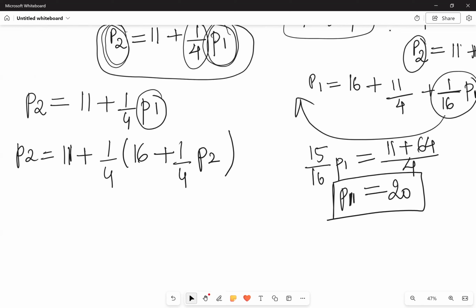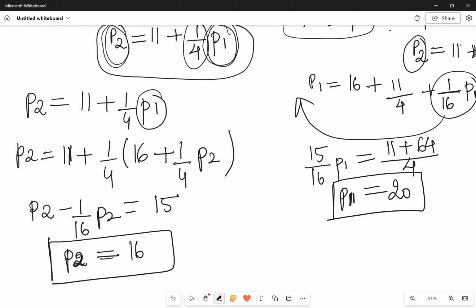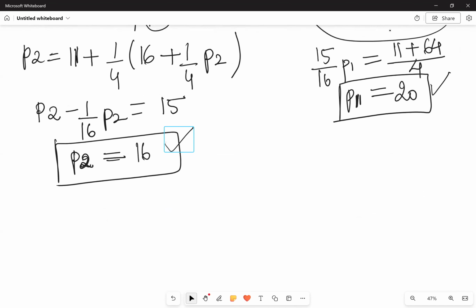Now when we solve it, we get P2 minus 1 by 16 P2 will be equal to 15. So solving it further, we get the equilibrium price for firm 2 equal to 16. Okay, so we've got equilibrium price as 20 for firm 1 and equilibrium price for firm 2 to be 16.